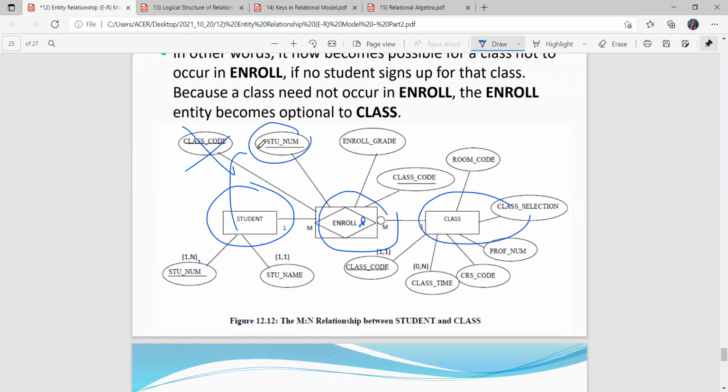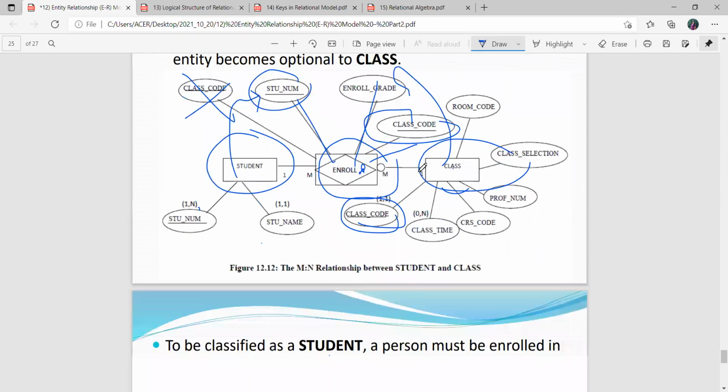Student number is the primary key of the student entity. Class code is the primary key of the class entity. You can see these two are connected to create the primary key of this composite entity, and there is another attribute, enroll grade.